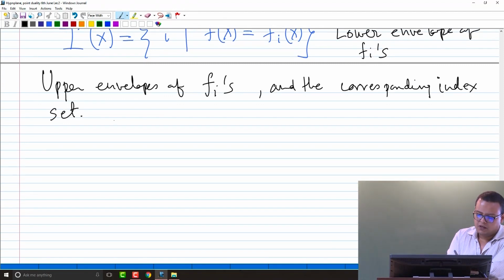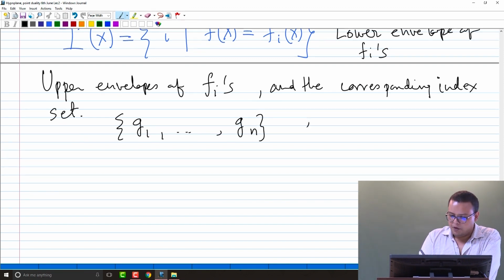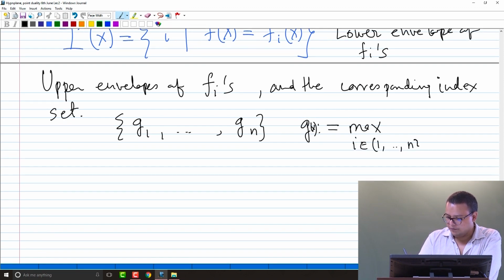Let us say you have some family of continuous functions g1 to gn defined over all of R^n. So, the upper envelope for this set will be g of x equal to the max over all i in 1 to n of gi of x.